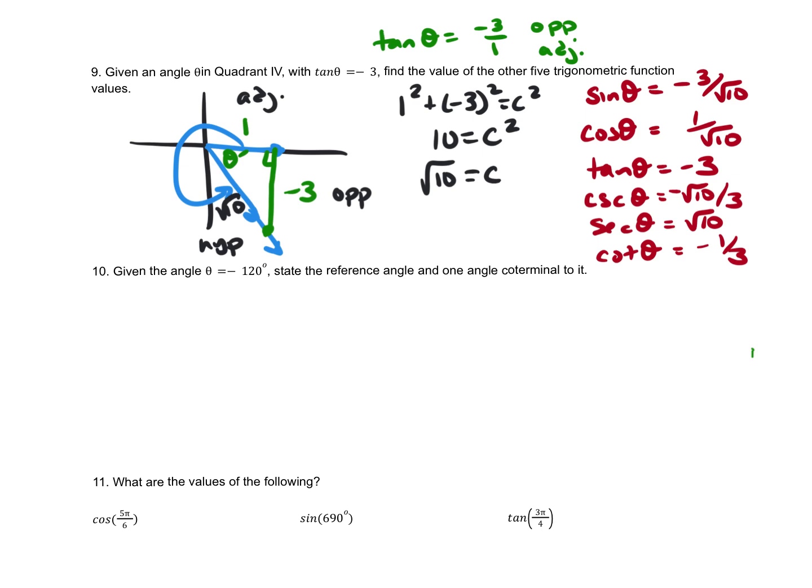Number 10 says, find the reference angle and one angle coterminal to it. Okay, so -120 is going to go this direction. So we went backwards 90, and then we went backwards a little more. So our reference angle is going to be the angle between this final ray and the x-axis.